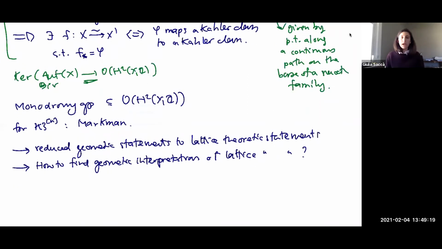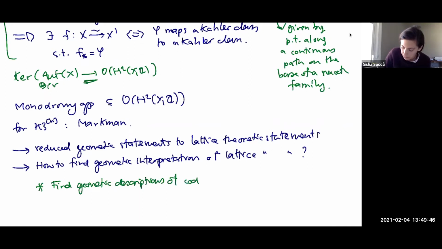And so let me give you an example of what I mean by this. This is some of the motivation of the work that we've been doing. One example is finding locally explicit geometric descriptions of locally complete projective families, so codimension 1 families of polarized hyperkähler manifolds.